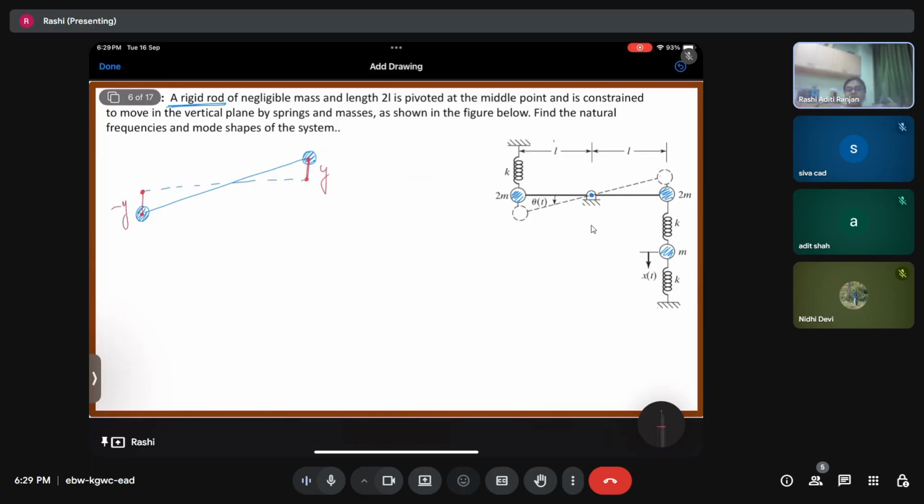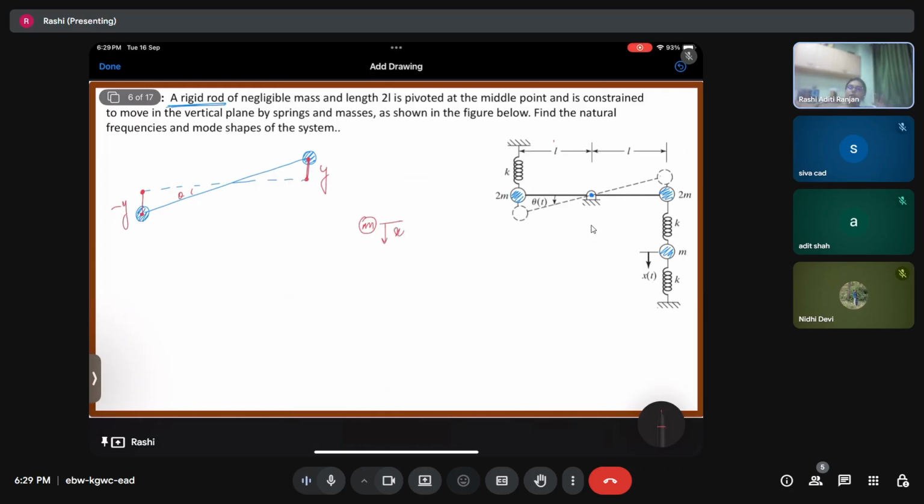So now this system becomes a 2 degree of freedom system, because we are concerned about only two independent motions. One is of angle theta and the other is of the mass m, which is in this direction x.